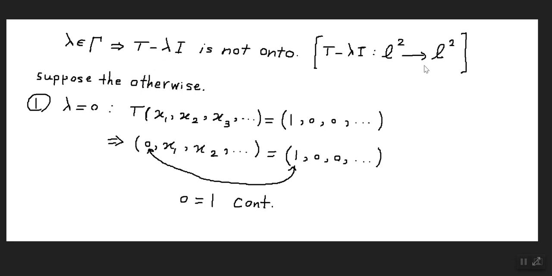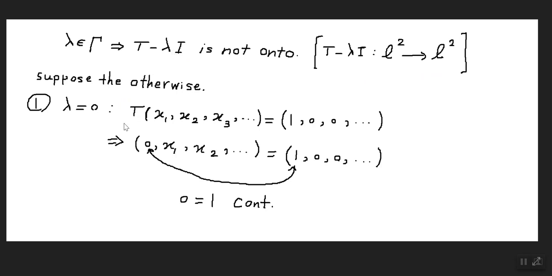Being onto means that for any y here, there is at least one x here that is mapped under this mapping to y. That is, there is an x such that T minus lambda I maps x to y. This is surjectivity.